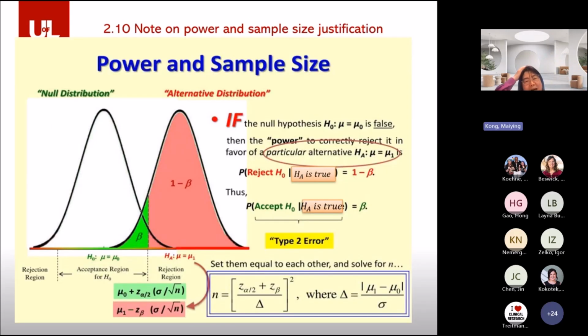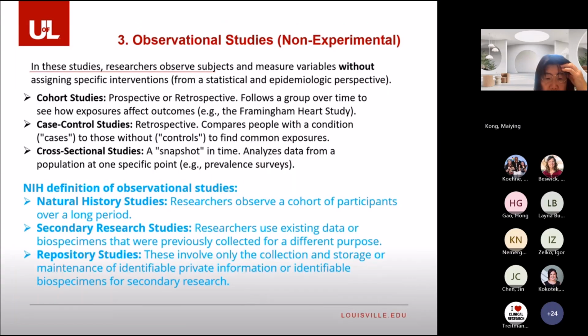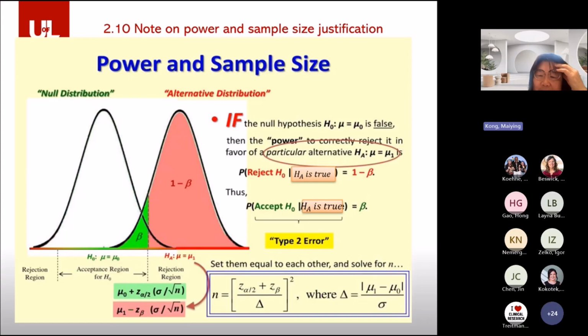That covers experimental design. I would like to end this session with power and sample size justification. We are often asked to calculate the sample size for an experiment. We often say the sample size depends on the power, and also on the alternative hypothesis.